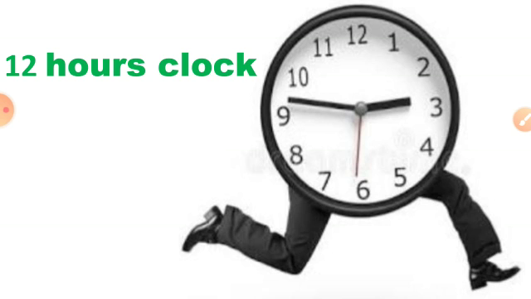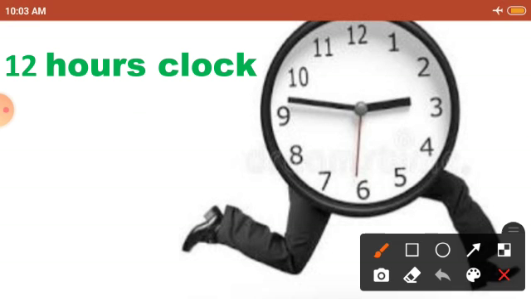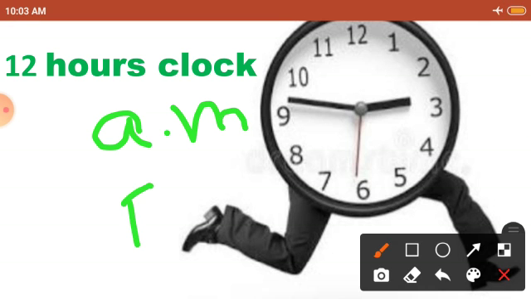And in this clock, we use 2 terms. One is AM, the other one is PM. So, what is AM and what is PM? AM means ante-meridiem. That means before midday. Here, midday denotes 12 o'clock.